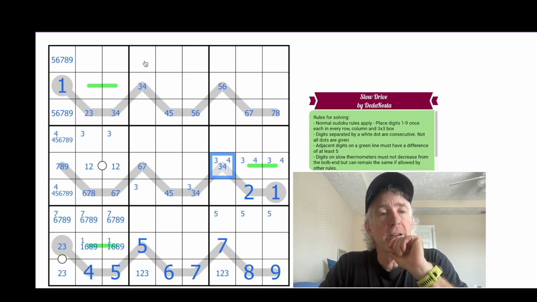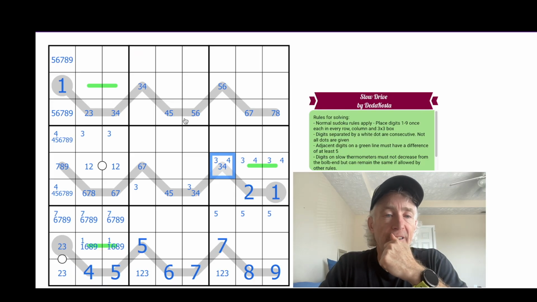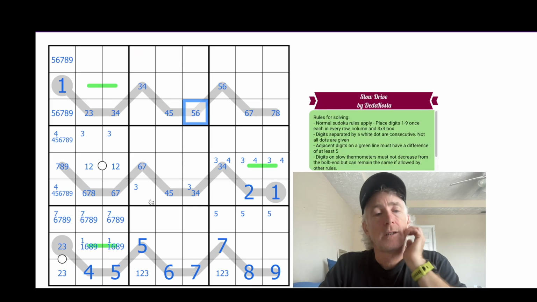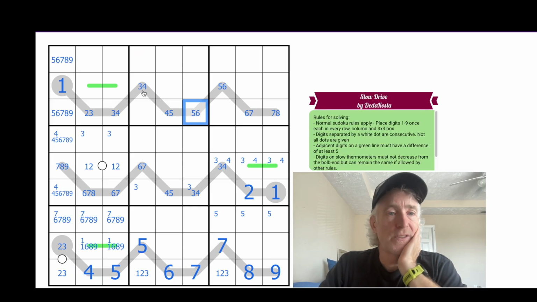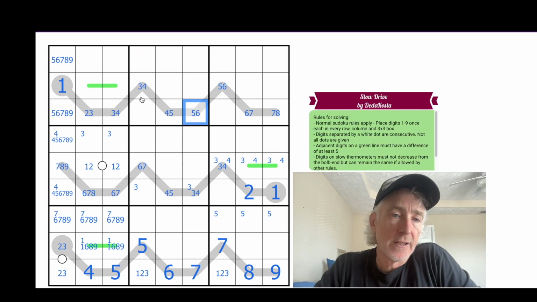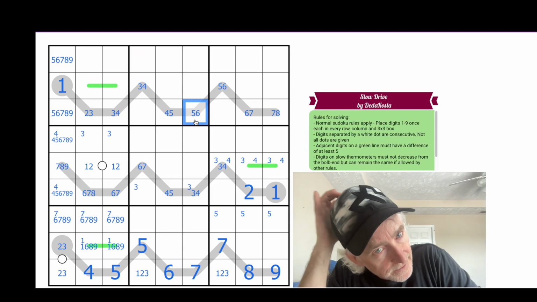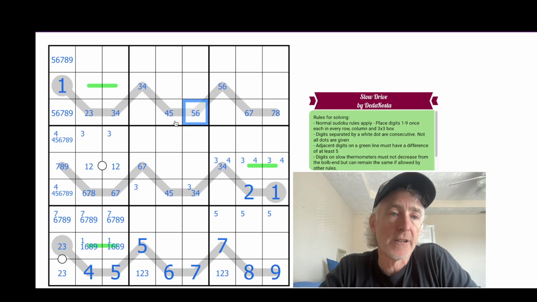Let's see, up here. Let's think about 5 up here. This might help. Along this line, where's 5 going to be? Like, if this is a 3, this could be 4 and 6. So I'm trying to see if 5 is forced to be up here somewhere.